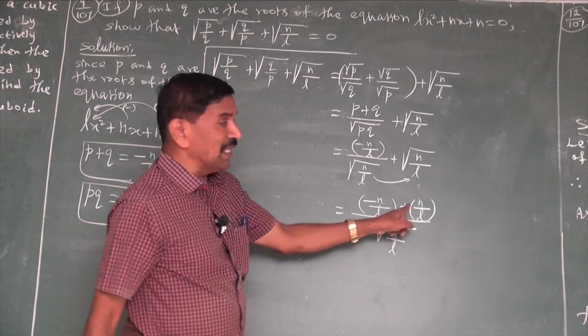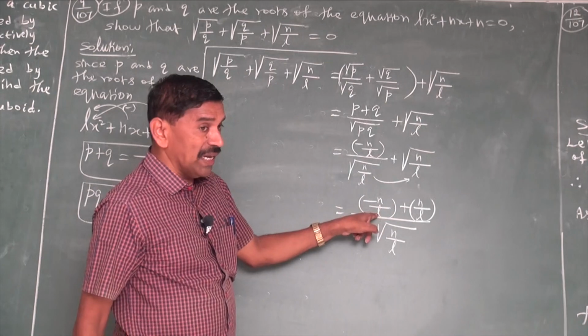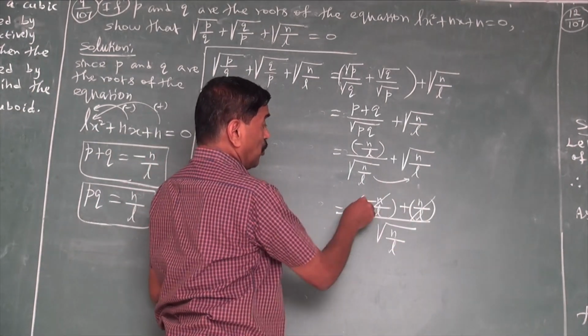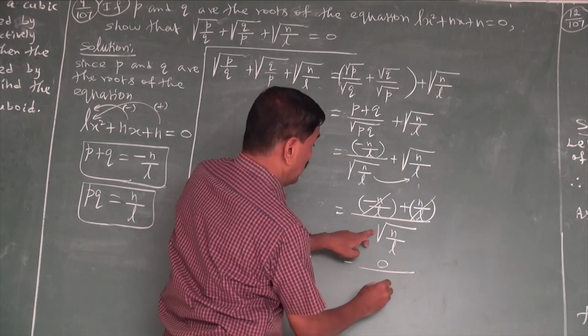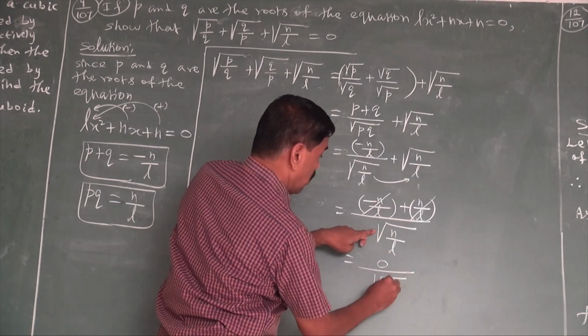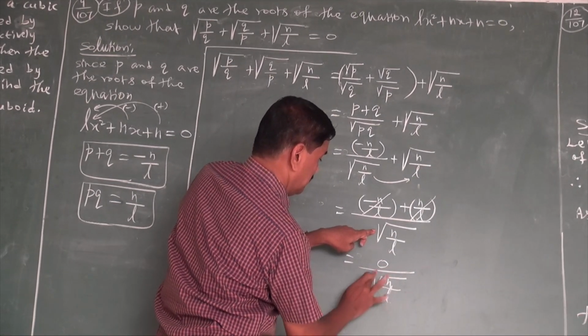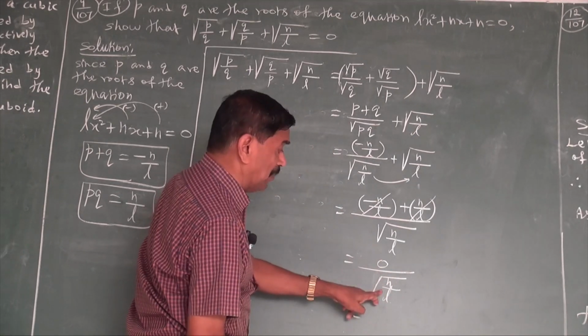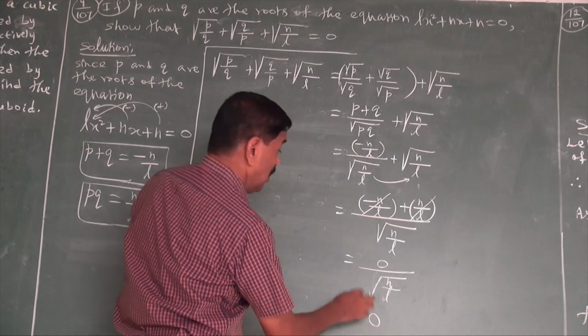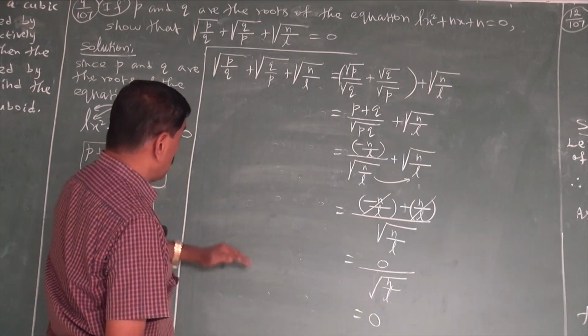Now listen, plus n by l positive, minus n by l negative, so positive and negative cancel, so the numerator becomes 0, and the denominator is as it is, square root of n by l. Square root of n by l, which is equal to 0 by any number equals 0. So this LHS is equal to 0.